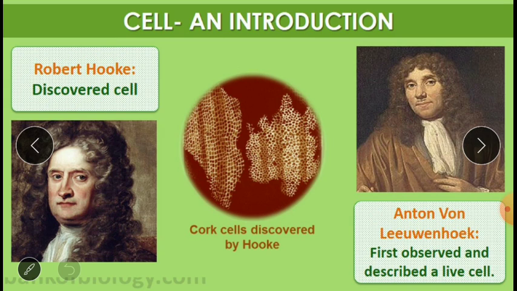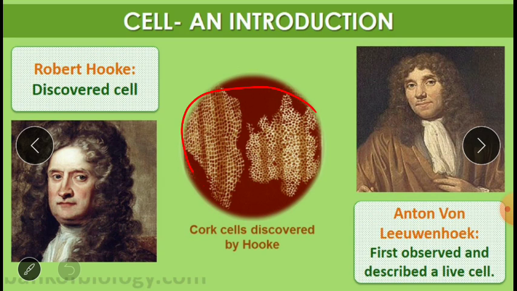The cell was discovered by the scientist known as Robert Hooke. Robert Hooke was the person who first identified and named the cell. He observed a cork, which is nothing but a wooden piece. He cut thin slices of that wooden piece and observed it in the microscope.